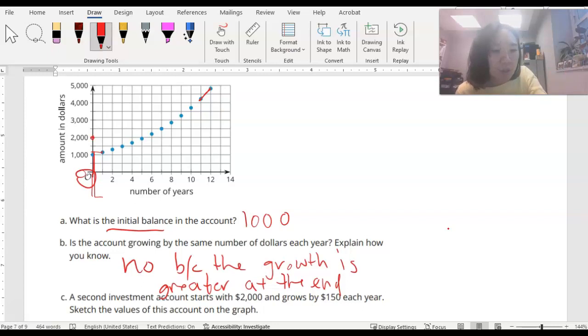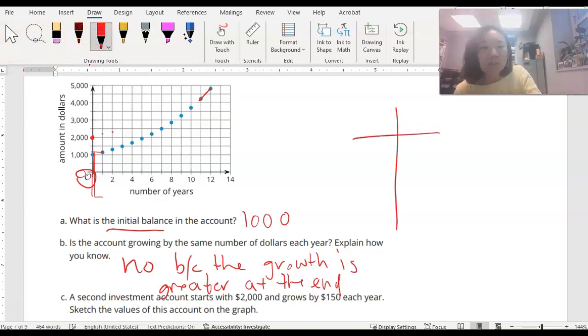So we're going to start at $2,000 and grow by $150 each year. So if I'm going from $2,000 up $150 in year 1, so $2,150, and then I go up another $150, $2,300, and then I'm going to go up to $3,500, or sorry, no, that's too much still.